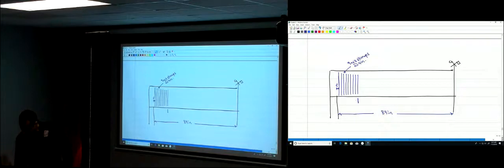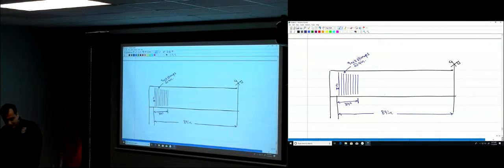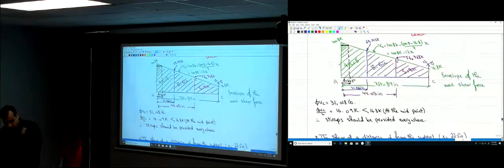So now how much is this distance from the beginning to that point? That's 34 inches. Okay? And then the next region, you have spacing of 6 inches, right? And that should extend to at least a distance of 44.03 inches.